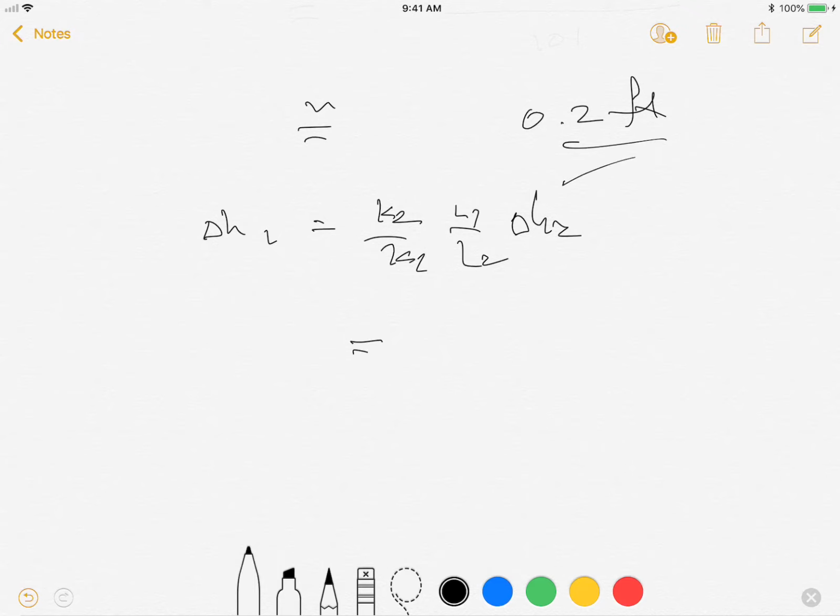And so K2, remember that's our silt. So that's 10 to the minus 5. And then K1, that's our clay, which is 10 to the minus 7. L1 and L2 are the same, so that's 1. And then that's 0.2. Okay. Well then that's going to be essentially 100 multiplied by 0.2, or about 20 feet.